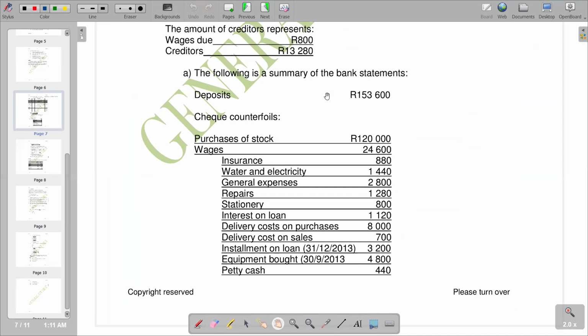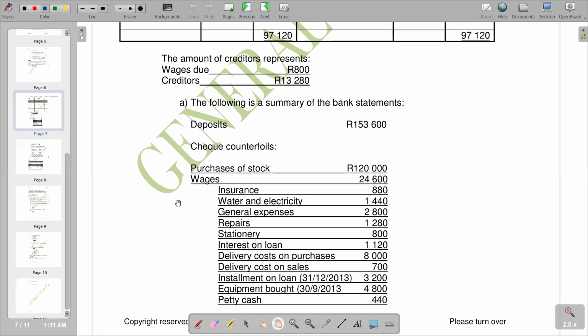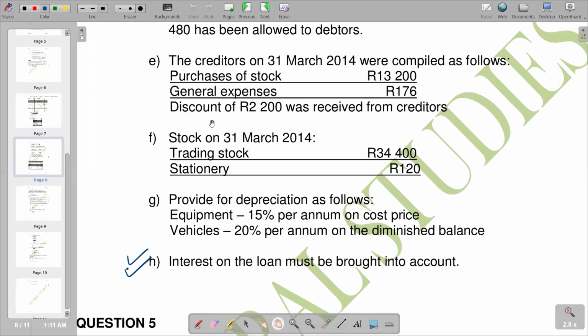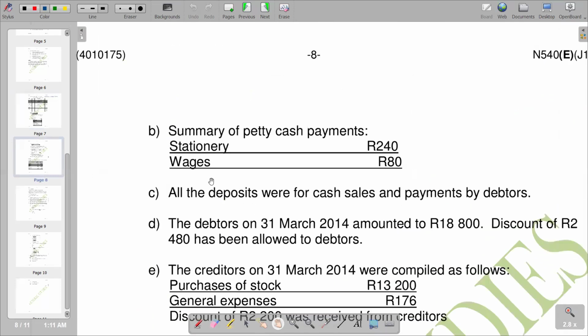All the deposits are where we get the amount from. The amount received from debtors is bank, and that amount should go to the credit side of the debtors control account. So we proceed to the additional information.